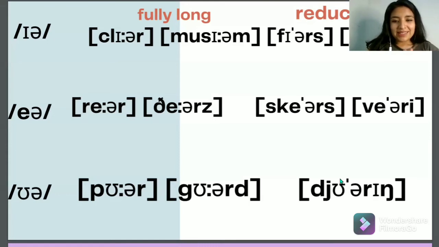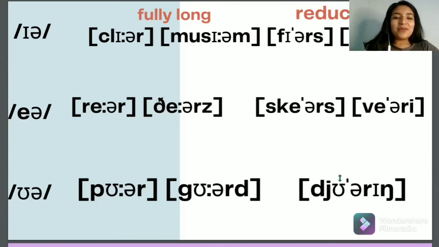And the reduced case could be ears and also era. Also we have another example, air, that is a centering diphthong. In the case of the fully long, we have rare and also theirs. And for the reduced case, we have scarce and also very.